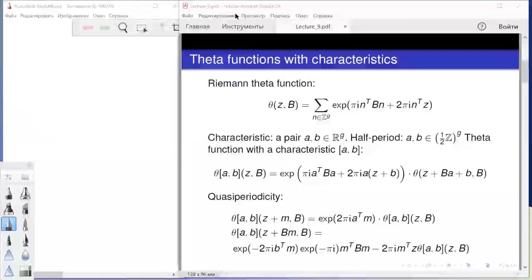This is just to recall stuff and fix notation.